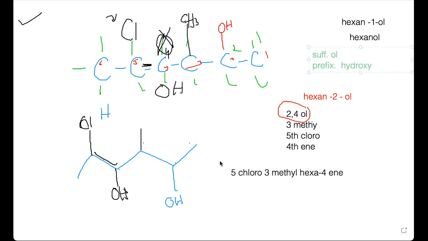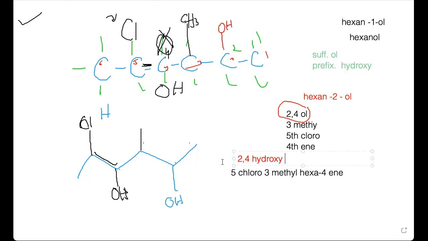If you're unable to use ol sometimes, if you can't understand where to use ol, and if you're getting confused, you can move toward the prefix. You can say this is 2,4-hydroxy 5-chloro 3-methyl hexene.